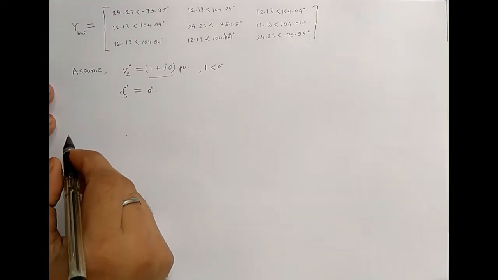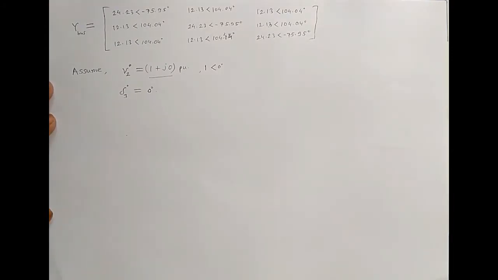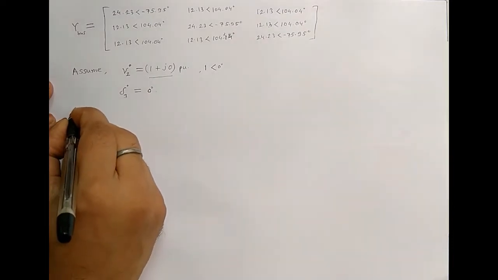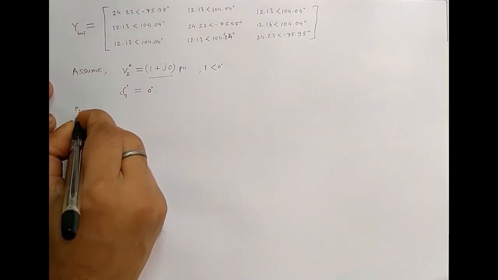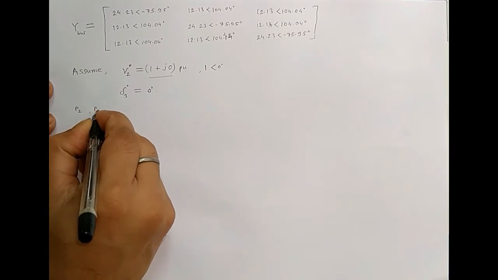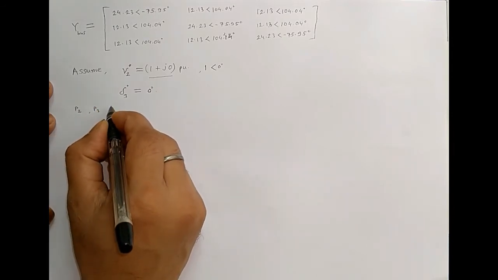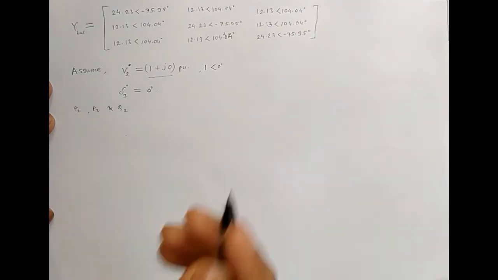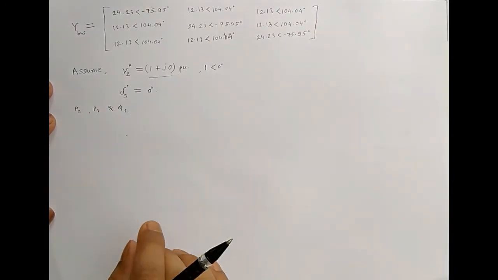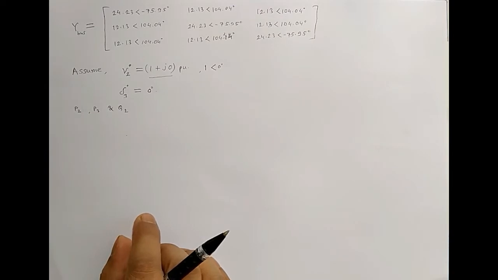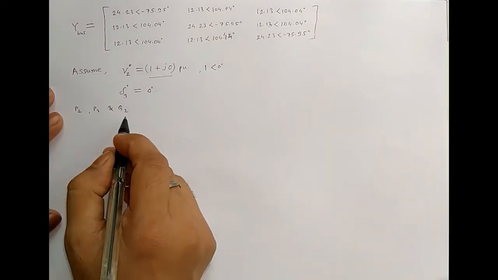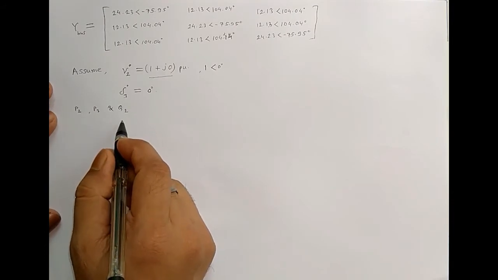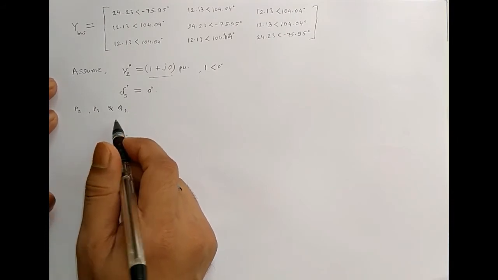Now with the help of static load flow equations, we have to calculate P2, P3 and Q2. That means the real power for all PQ and PV buses and the reactive power for the PQ bus.